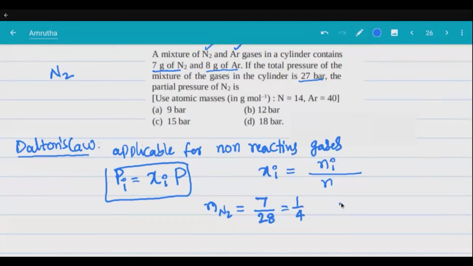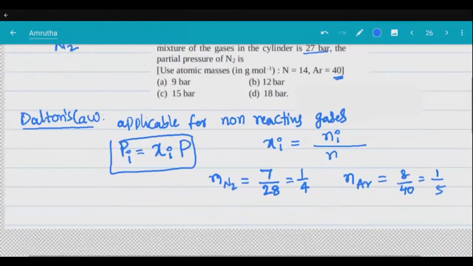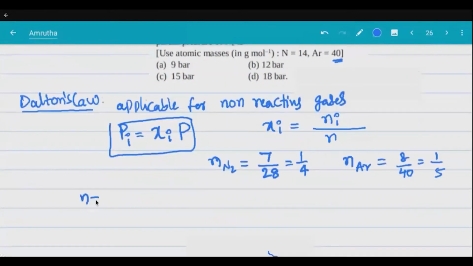For argon, the molar mass is 40, given. So 8 by 40, which is 1 by 5. Total moles we get 1 by 4 plus 1 by 5.